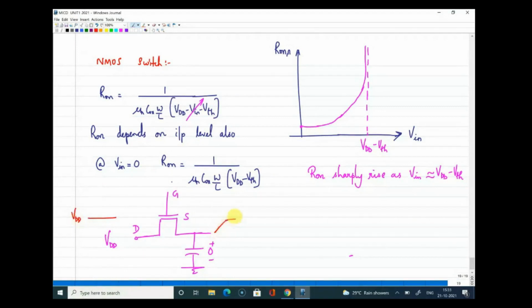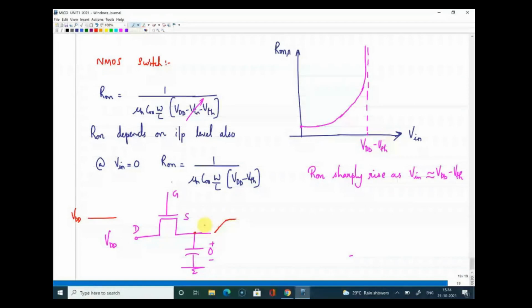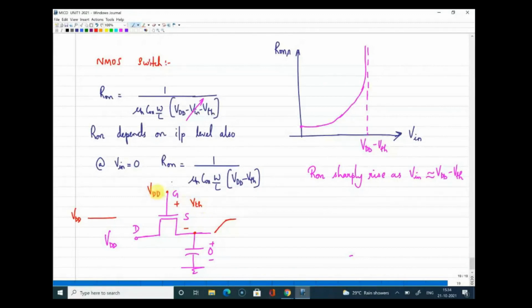But what will happen here? For the switch to be turned on, what I need is a VGS voltage of VTH. What I connected to the gate is VDD, because the clock is high. Now if the output node, or the source node, charges up to VDD minus VT, I have VDD at the gate and VDD minus VT at the source.